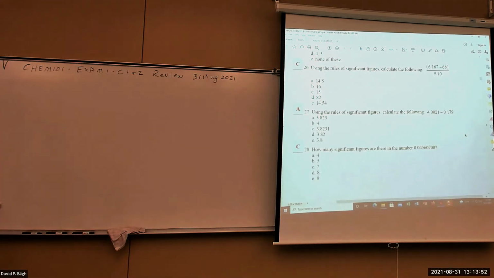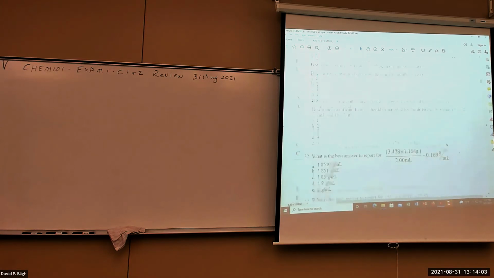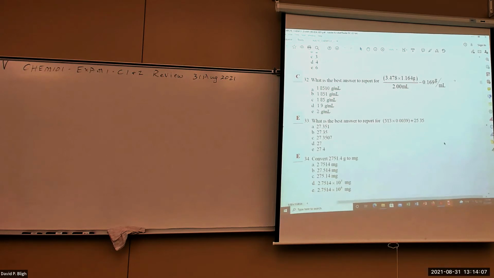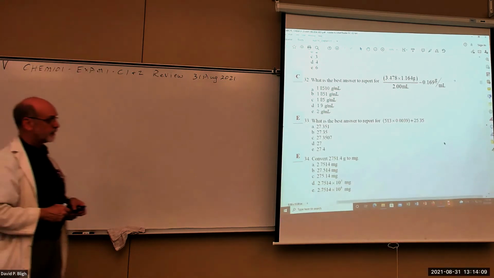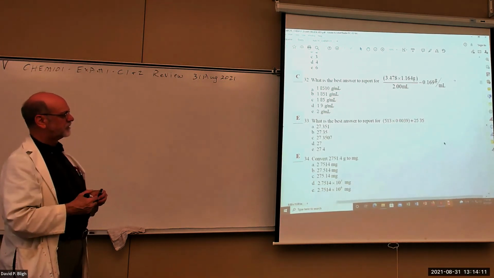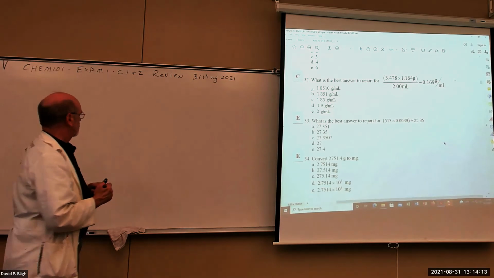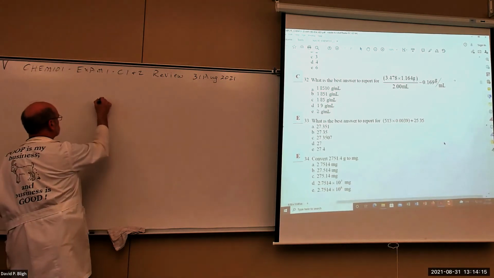All right, 27, how about, let's get 28. Go to 32. 32 is complicated. In this case, we have parentheses to help us. Let's see, 32.